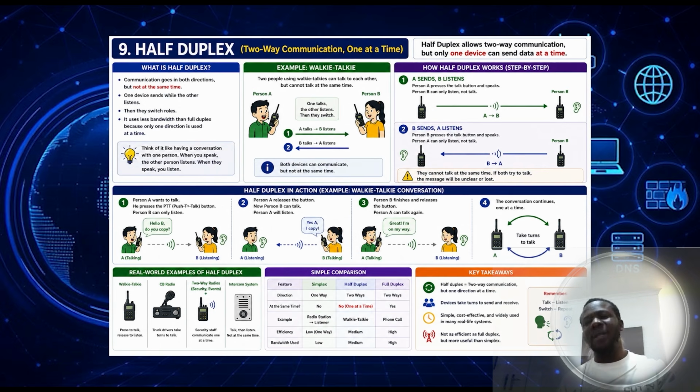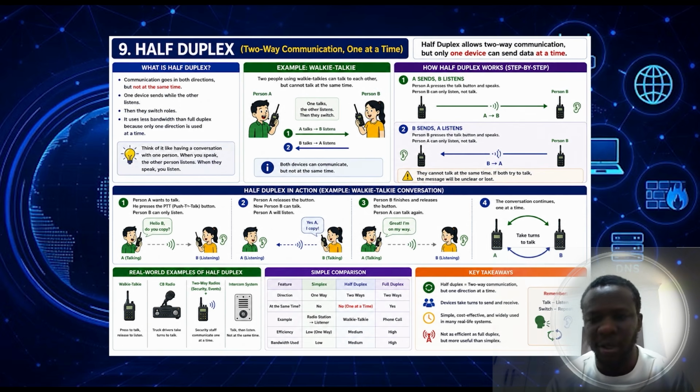You can talk, then the listener will listen, then later reply to you. If both of you talk, it's going to be a traffic jam. You're not going to hear each other because there will be a collision in the frequency. So the walkie-talkie is a good example of half duplex.